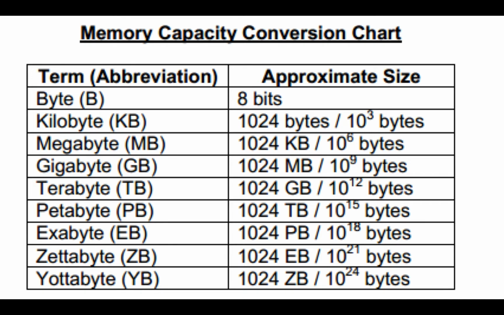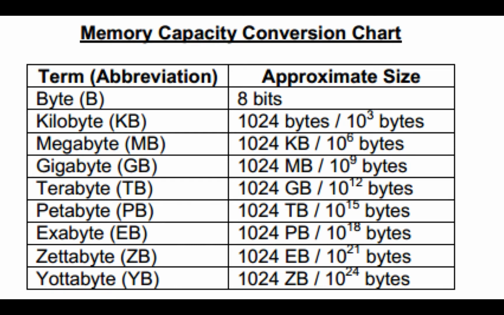We measure storage capacity in bits or bytes. Bits or bytes are like liters for liquid, for water or for milk. For measuring any liquid you use liters, but for measuring data or information you use bits and bytes.